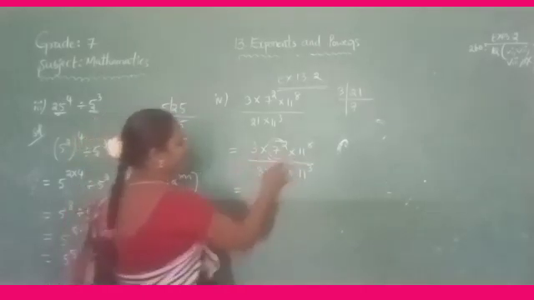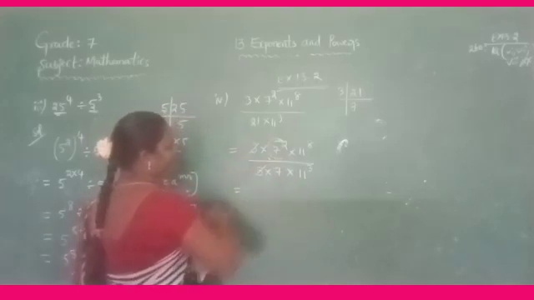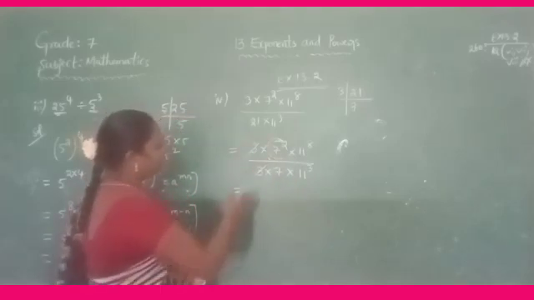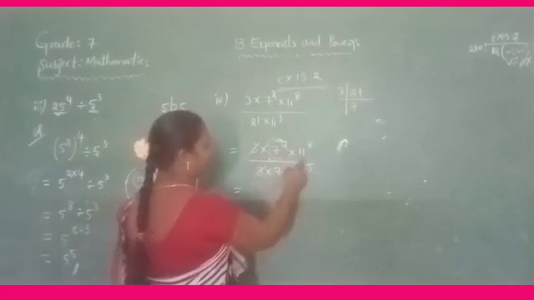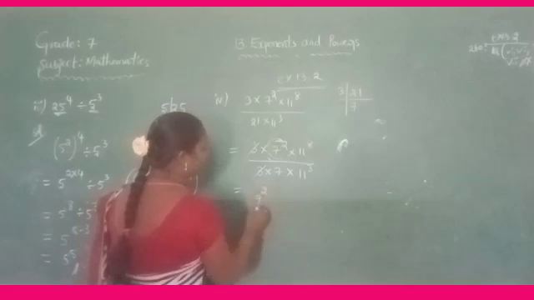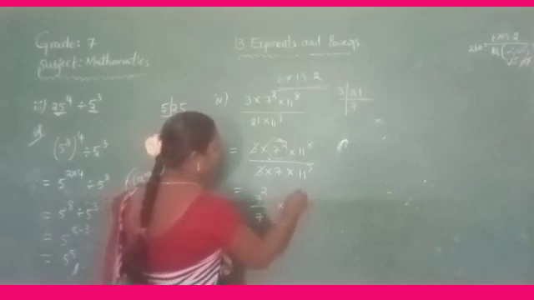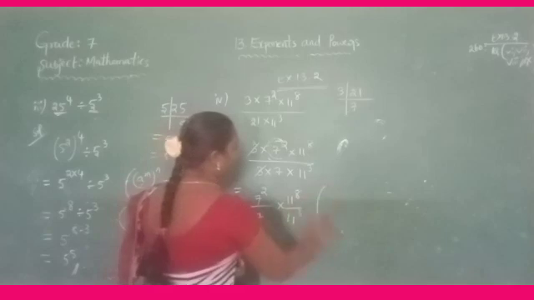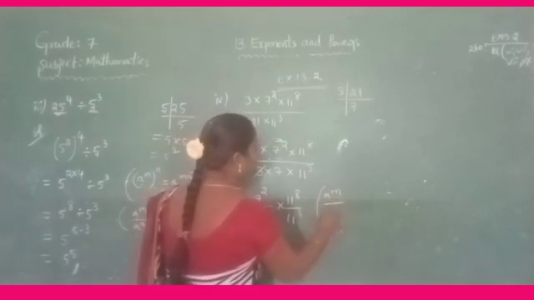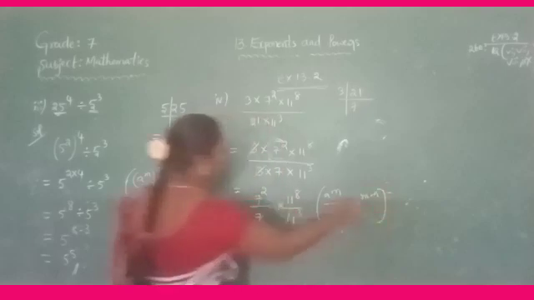Here all the bases are different. Here see, in the division 3 and 3 both are cancelled. Here 7 square by 7, 11 to the power of 8 by 11 cube. We can write 7 square by 7 by using the law, that is a to the power of m by a to the power of n is equal to a to the power of m minus n.